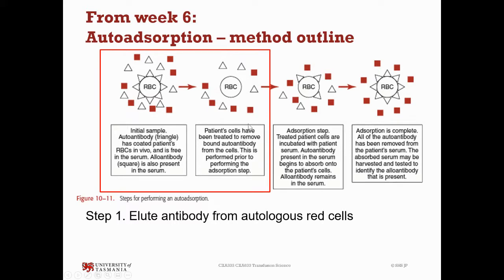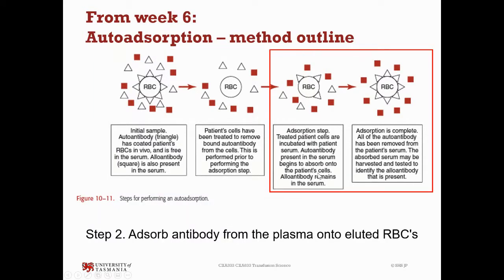And then once that antibody has been eluted, you use the clean red cells to adsorb any autoantibody that's still in the plasma, and then you spin down the sample and remove the red cells, and that should just leave any alloantibody free in the plasma.